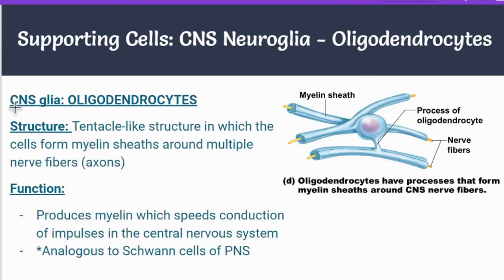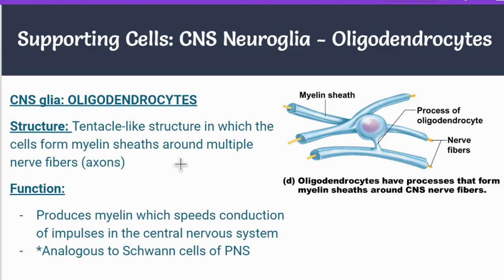All right, the next CNS, central nervous system, glial cell, little helper for the neurons, are called oligodendrocytes. Oligodendrocytes. I'm not a fan of this picture over here, but all right, let's see. Tentacle-like structure in which the cells form myelin sheaths around multiple nerve fiber axons.